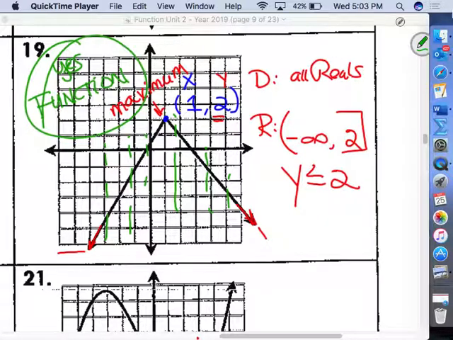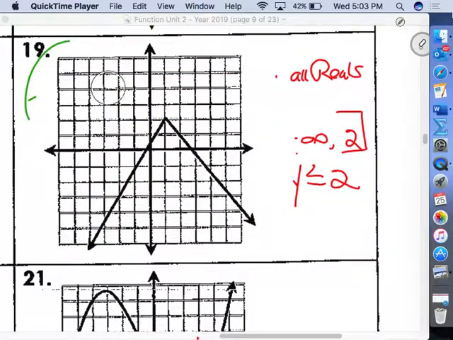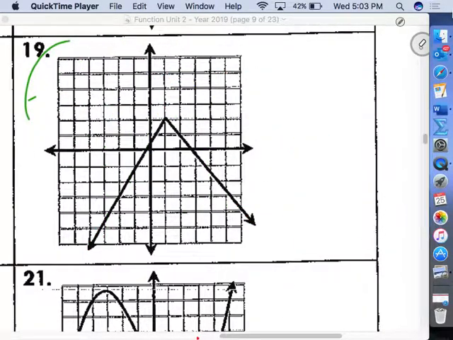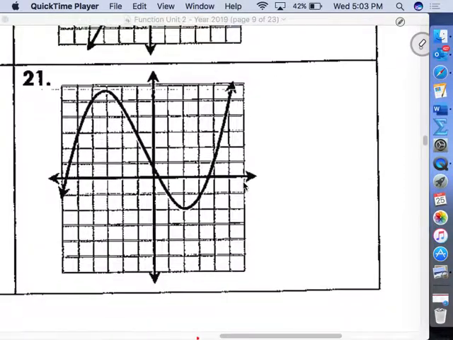And looking at the graph below, okay, so the graph below, I've got the arrows going off the grid, which is telling me to assume that this pattern is going to continue off the grid.